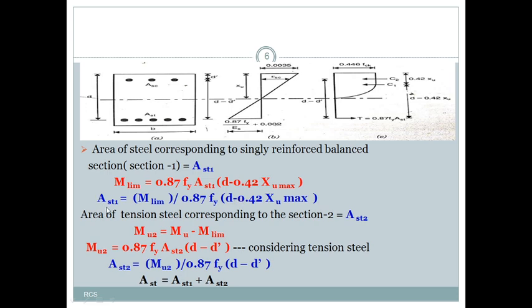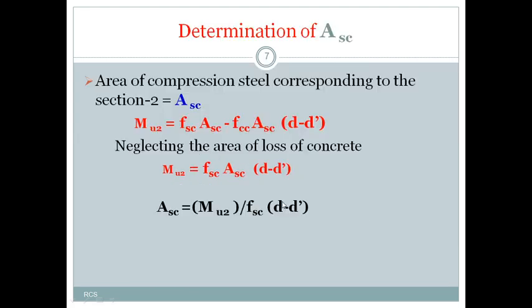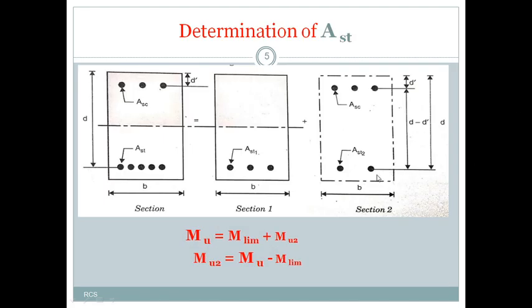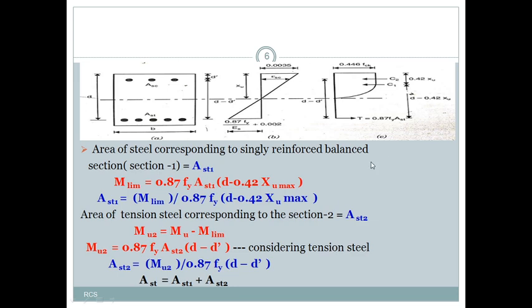Remember, AST1 is the area of tension steel corresponding to the balanced or singly reinforced section, right? Next we have to calculate the area of tension steel corresponding to section 2. This is section 2, and we have to calculate this AST2. For calculating this also, we take our moment of resistance corresponding to the tension reinforcement only.